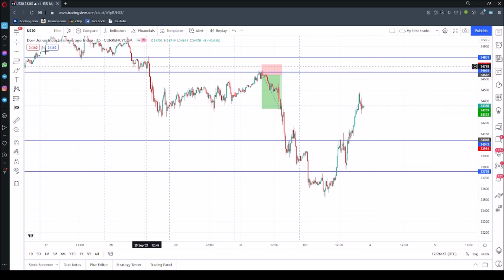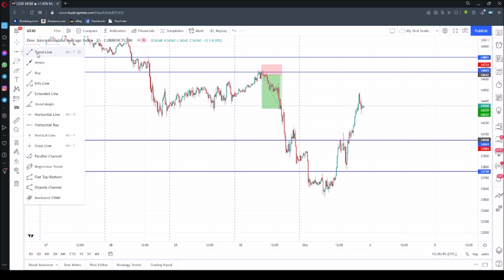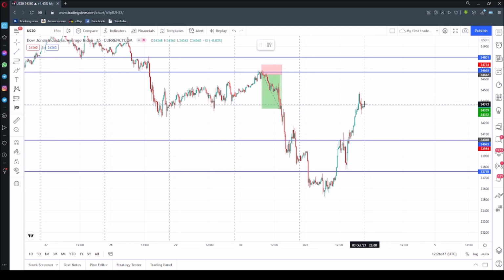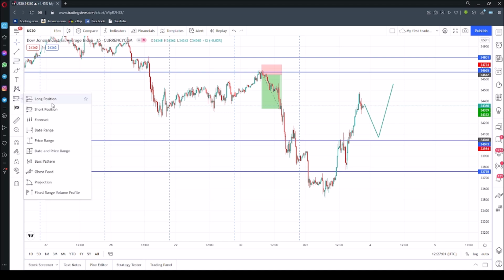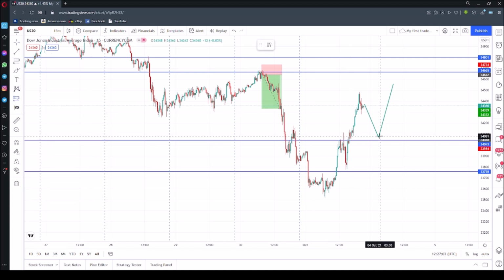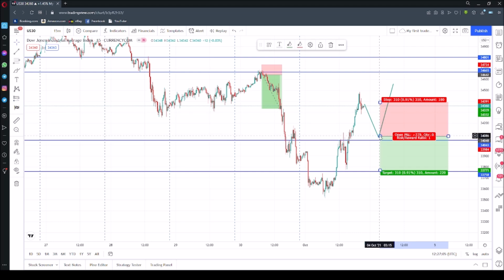What we now need to wait for to confirm our entry is to see the market come back and create a higher low, something that actually confuses people, and go long.